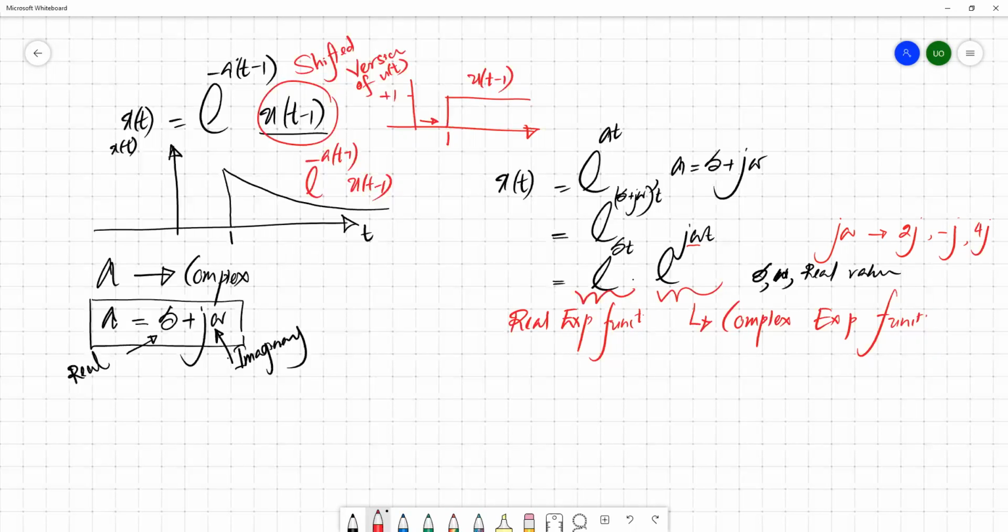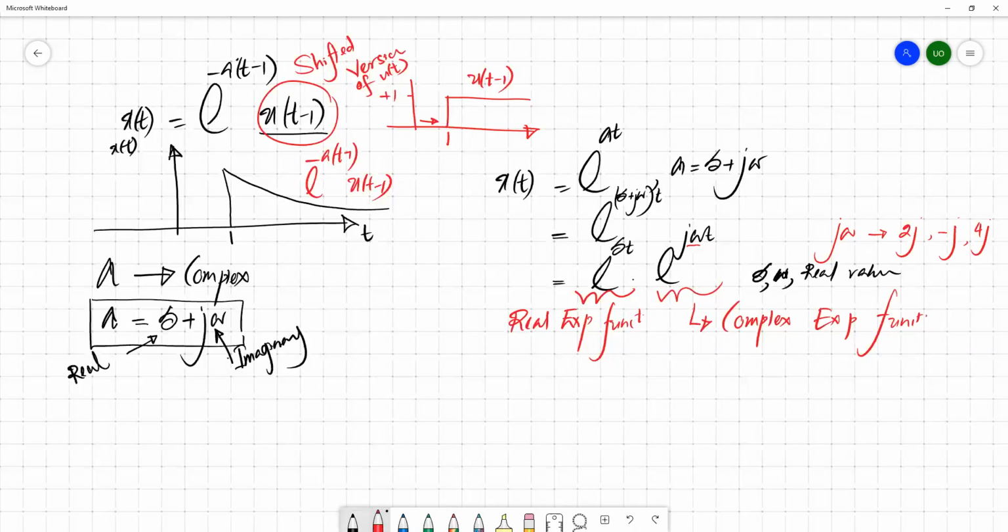So the second part of this function is a complex exponential function, and the first block is a real exponential function because sigma is real. So e to the power j omega t is a complex exponential function.